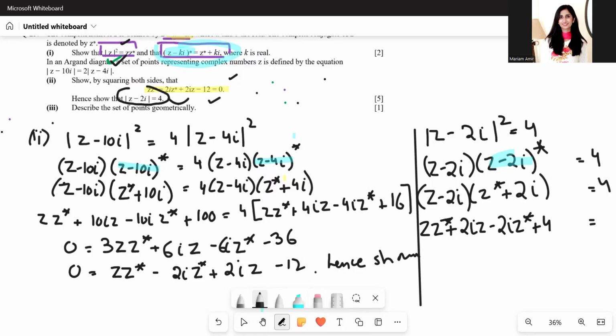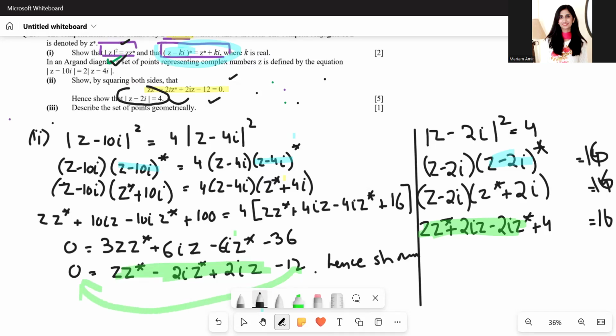Now hold on, after squaring both sides, we should have gotten a 16 here. I forgot to square the right hand side. Now notice that this is equal to 12 from here. If you make this the subject and move minus 12 to the other side, you get a 12.